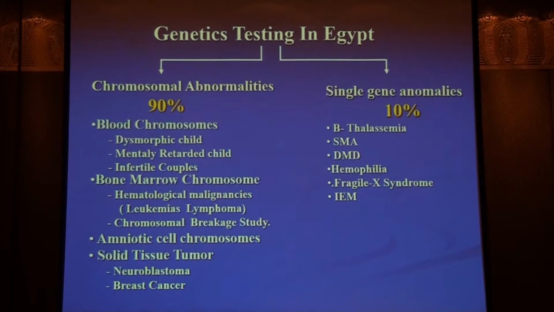But when you take it to the practical, daily lab, you find that 90% of the load of the lab is cytogenetics and only 10% molecular study, and this needs to raise the awareness of single gene anomalies and the possibility of diagnosis of such abnormalities.